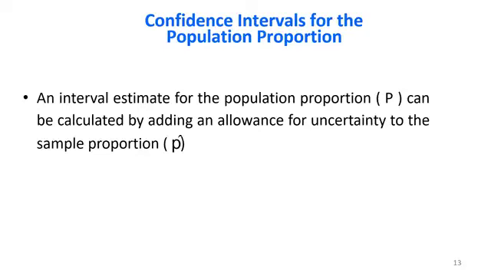For example, temperature, sales, or a quality parameter. Whichever data is measured in numbers, in the form of decimals, which is a continuous variable, there we go with the mean.